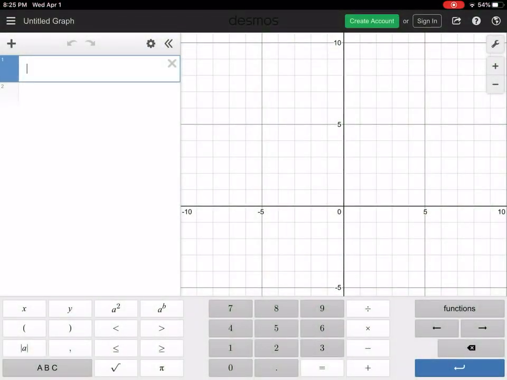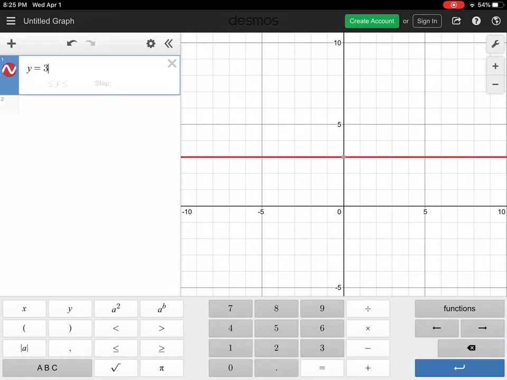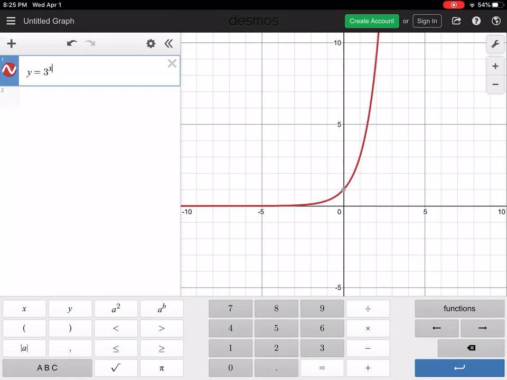If you go to Desmos, you can always graph these things. So I want y equals, and I have 3 to the x plus 2. Oh, it didn't go up there. So I need to have my plus. Dang it. All right, let me put some parentheses there and see if that works.